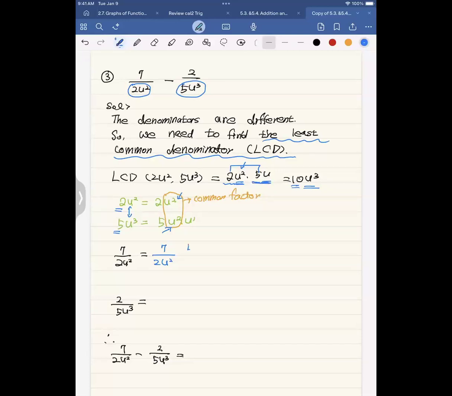So 5u over 5u will be multiplied. Then that'll be 35 over 10u cubed. What is important? We multiplied 5u to make this least common denominator, and we do the same thing on the numerator.